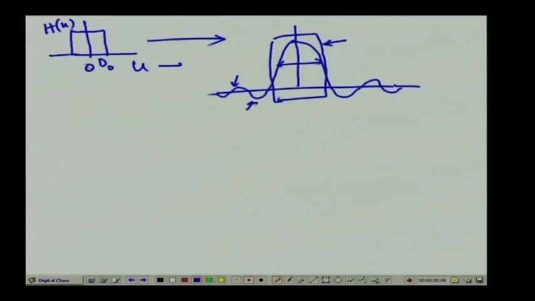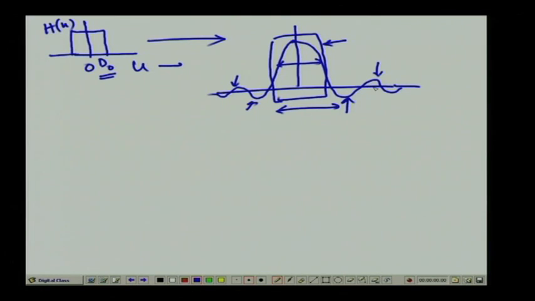So, as I reduce d0, this spread is going to increase, and that is what is responsible for more and more blurring of the smoothed image. Whereas, the number of secondary components over a unit length is also inversely proportional to the cutoff frequency d0, and these are the ones responsible for the ringing effect.